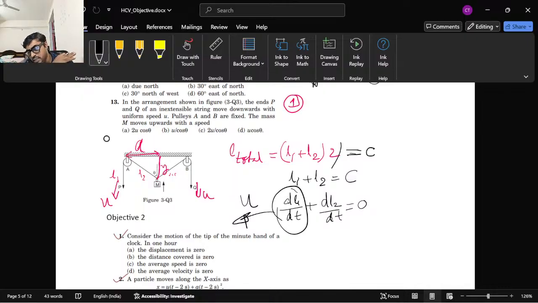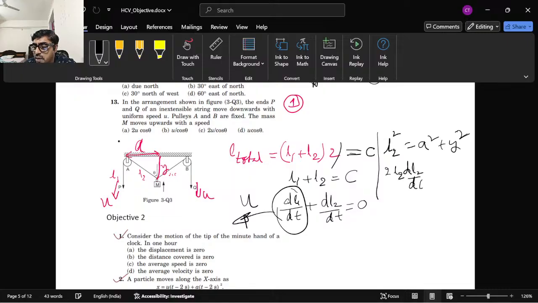L2 is at some slant, but the block is going up there, so they are not directly related. We have to write L2 in terms of y. So what we do is we'll write L2 squared equals a squared plus y squared. Very good. Now you differentiate that. So you will get 2 into L2 into dL2 by dt equals 0 plus 2y into dy by dt. I hope you understand that. a squared is constant, no? So 2 gets cancelled.